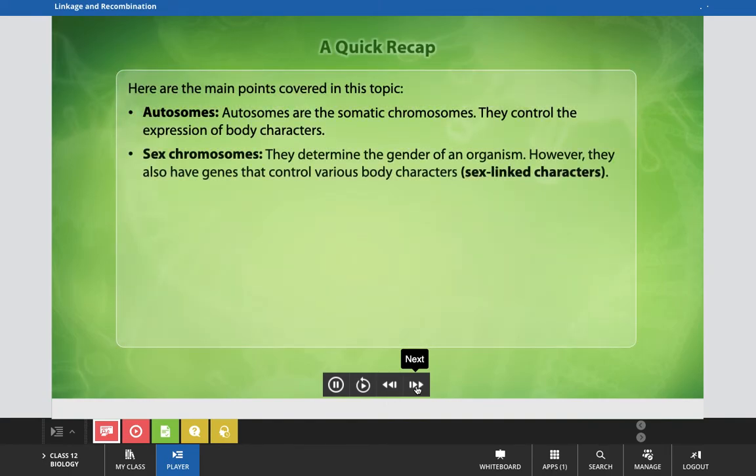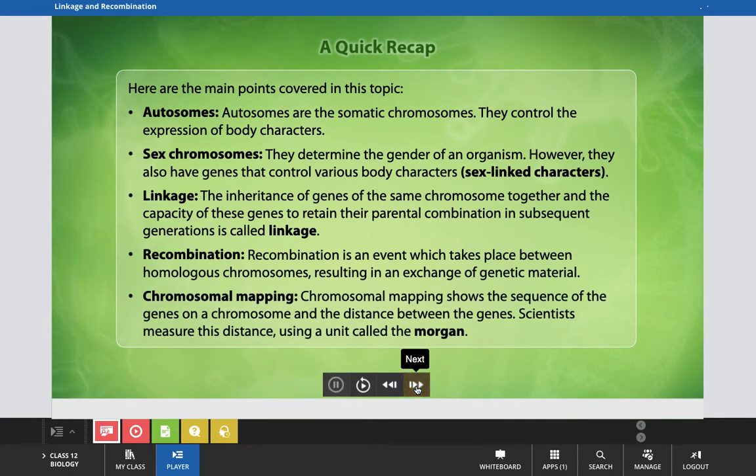Now, a quick recapitulation of the topics we have covered in today's class. One point that we have discussed: autosomes are the somatic chromosomes which control the expression of body characters other than the reproductive character.